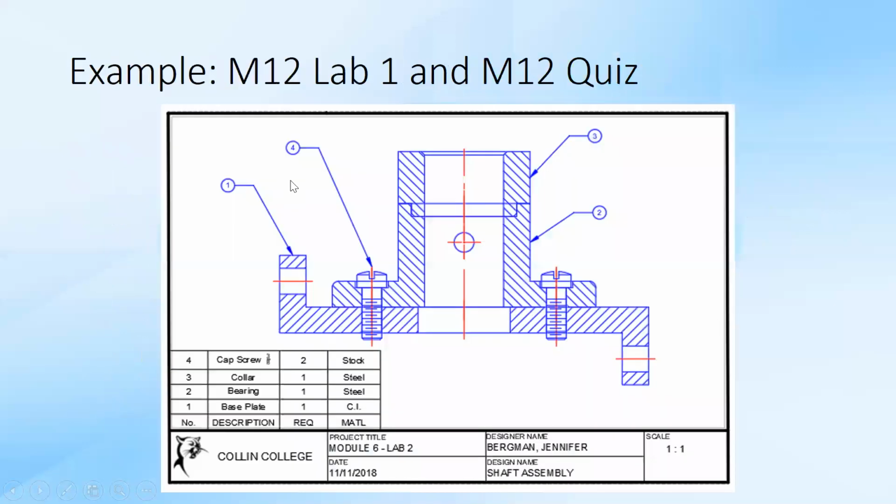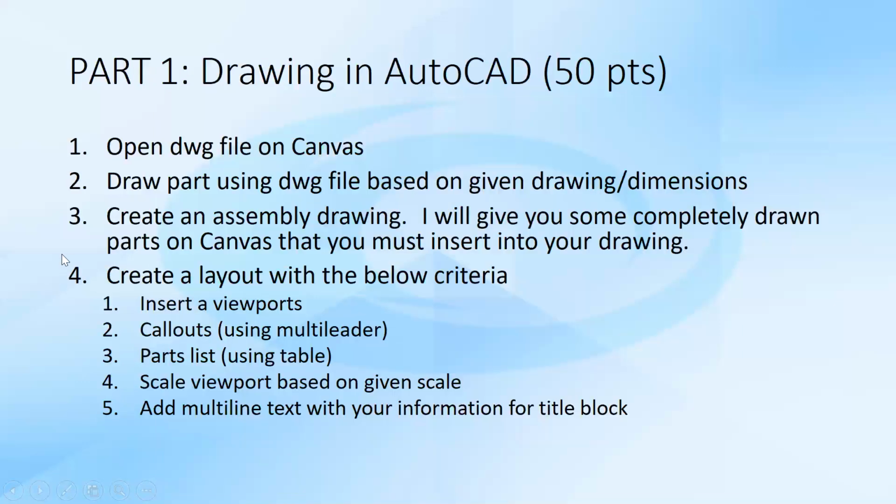What I mean is just like this. This is a great example. We'll talk about it next. You have to add a parts list using a table. So make sure you know how to add a table or know how to modify a table style. Make sure you know how to scale a viewport. I'll give you the scale that you'll use. So make sure you know how to scale the viewport. And make sure you know how to center your part on the viewport.